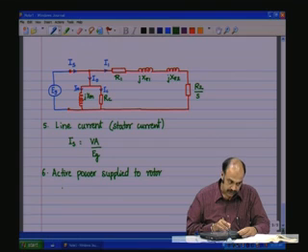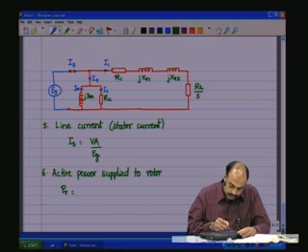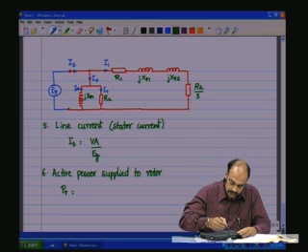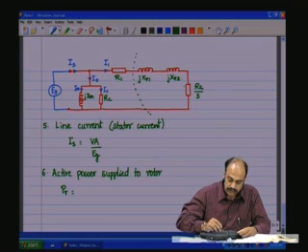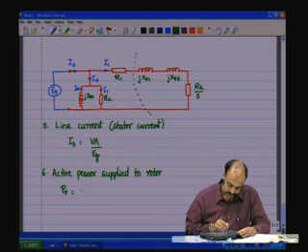So active power supplied to the rotor, which is PR, is nothing but the active power of the input P minus IC square RC minus I1 square R1, or we could just take this portion of the circuit, it is also I1 square R2 by S.